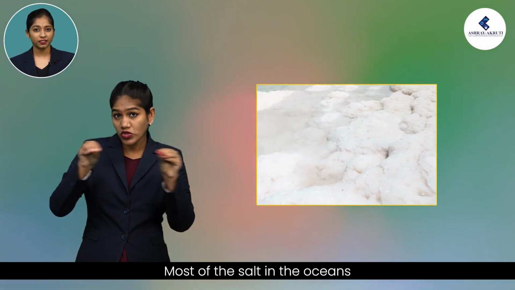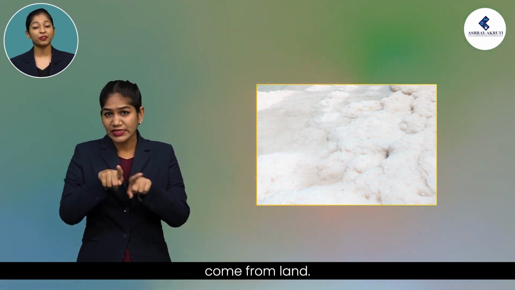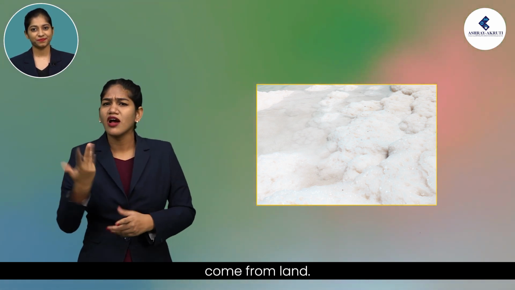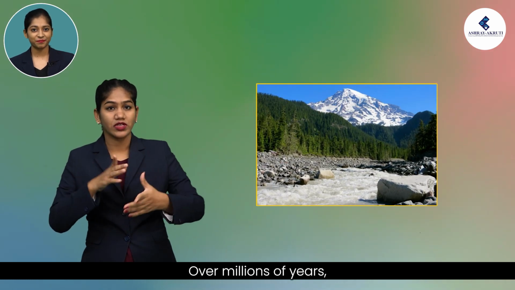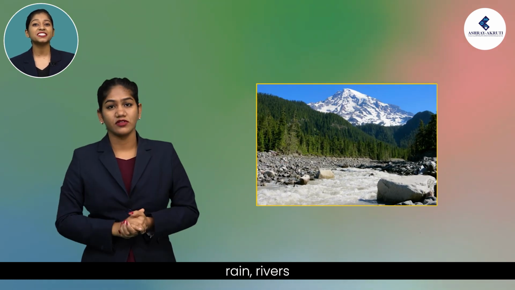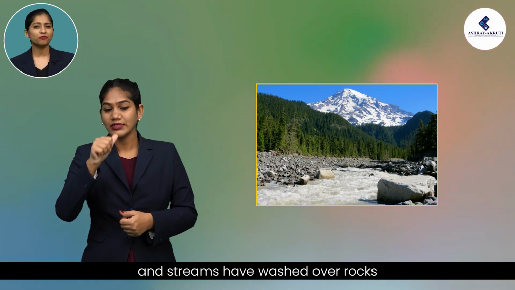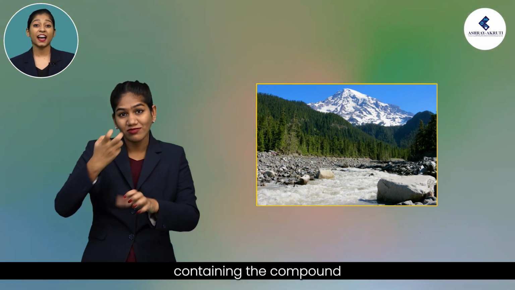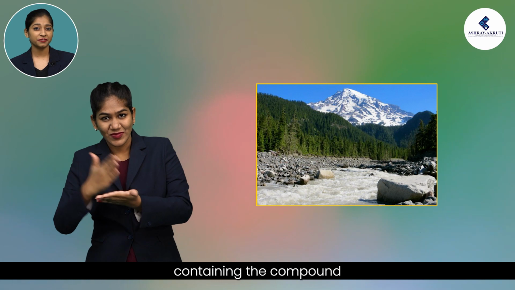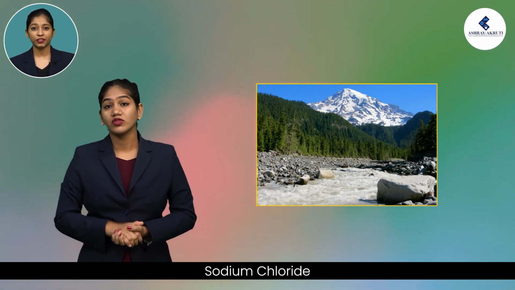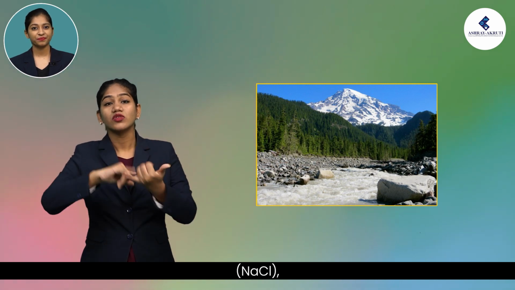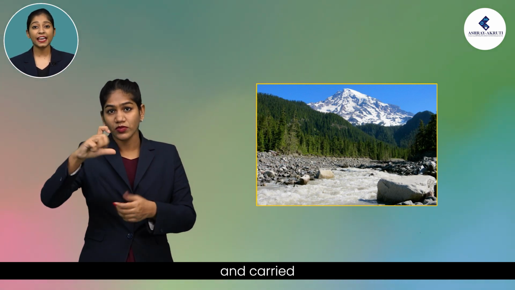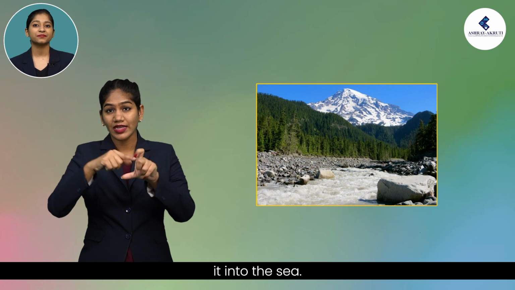Most of the salt in the oceans comes from land. Over millions of years, rain, rivers and streams have washed over rocks containing the compound sodium chloride, NaCl, and carried it into the sea.